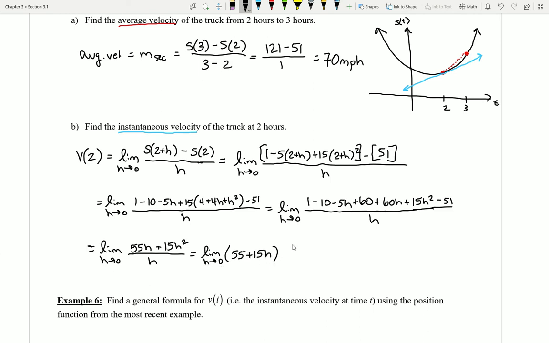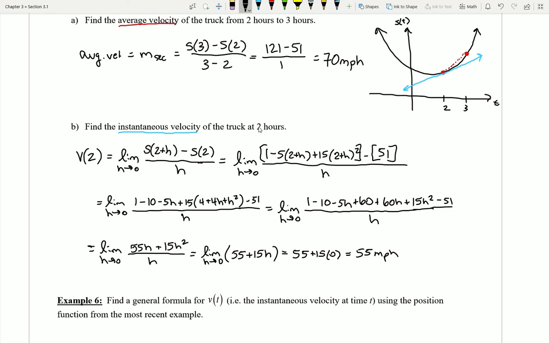But if h is going to 0, I can direct substitute in here, and I get 55 plus 15 times 0, which ends up being 55 miles per hour. Notice what that means: at exactly the 2-hour mark, what does the speedometer in the truck read? 55. That's what it is.